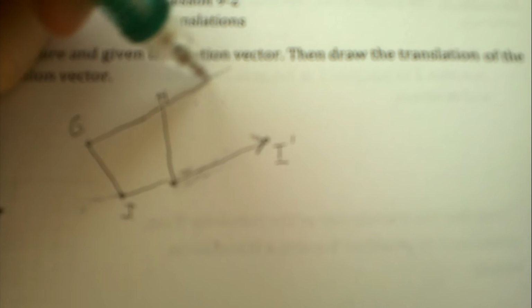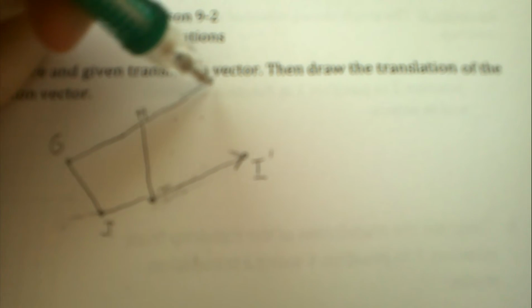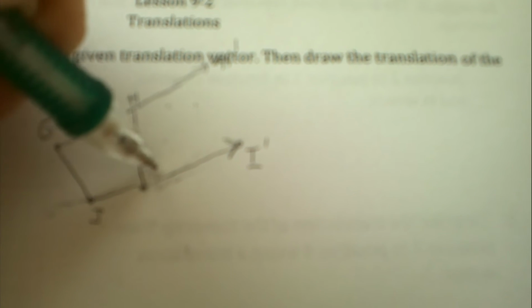If you want to use a ruler, that is perfectly fine. Where the vector ends, that's my new point I. I'm going to do the same thing here, same vector length.